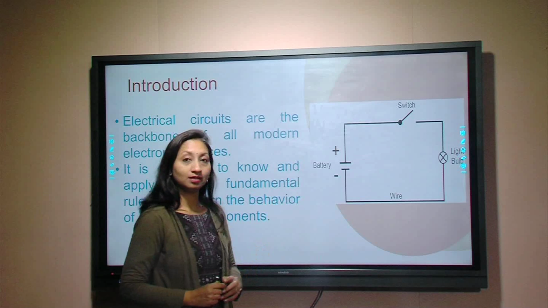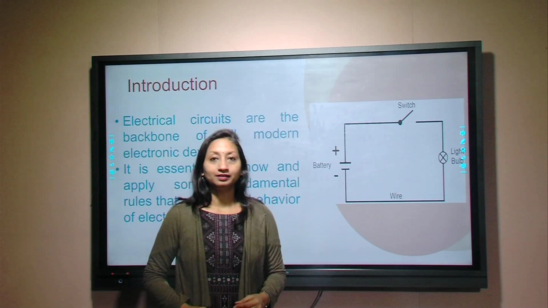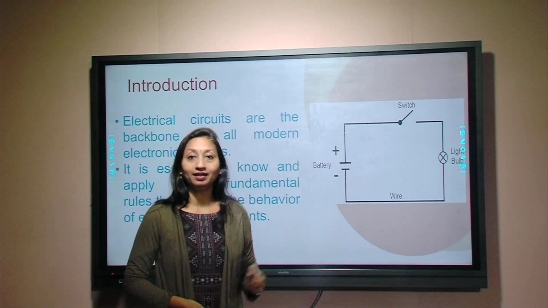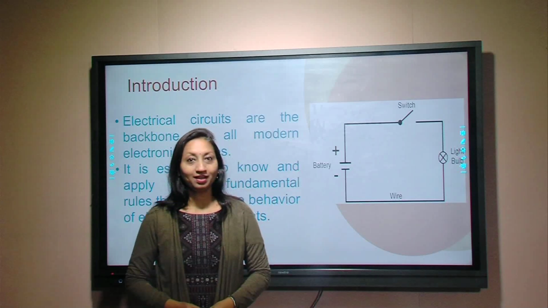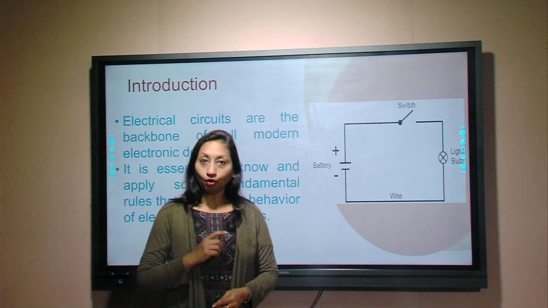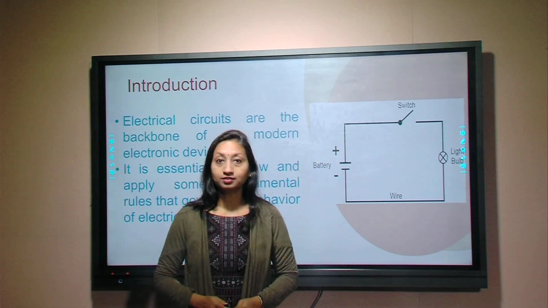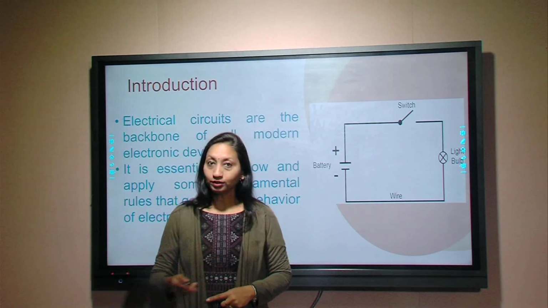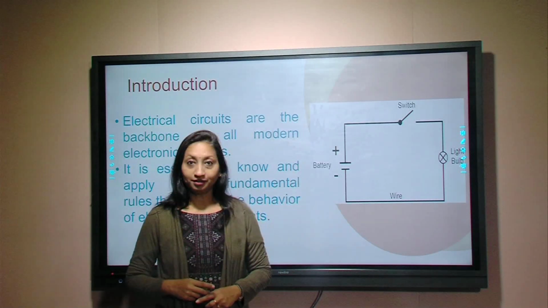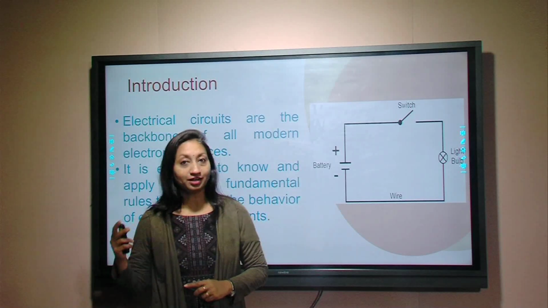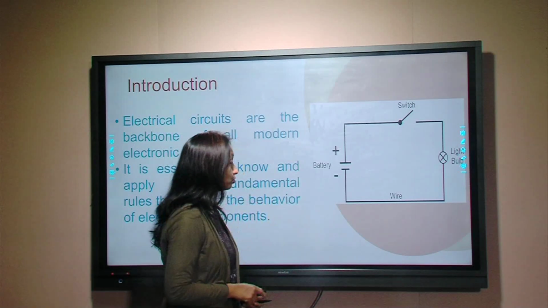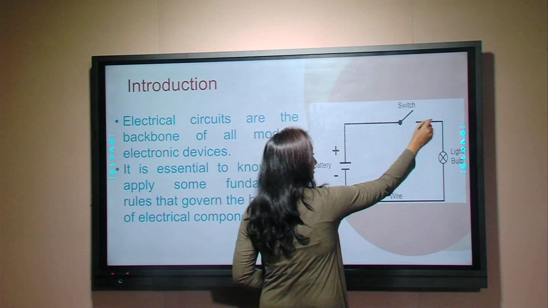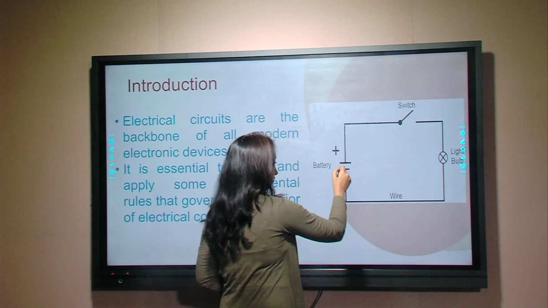Now this is a simple electrical circuit, which consists of a voltage source, a switch, a light bulb, and the connecting wires. When the switch is closed, the current flows from the source through the switch and the lamp, the lamp turns on, and the current returns back to the source.